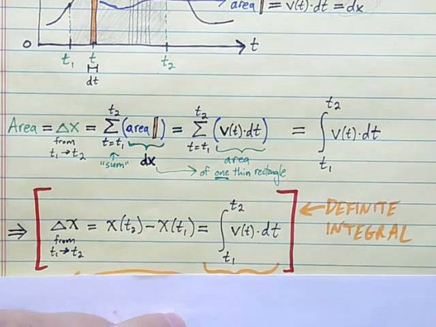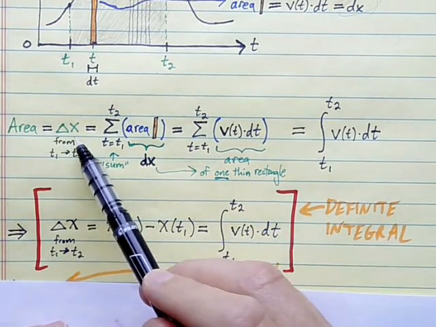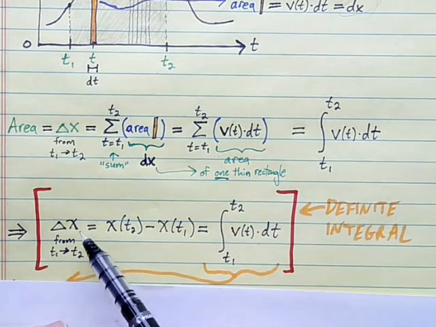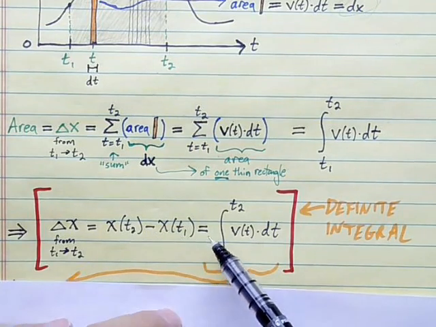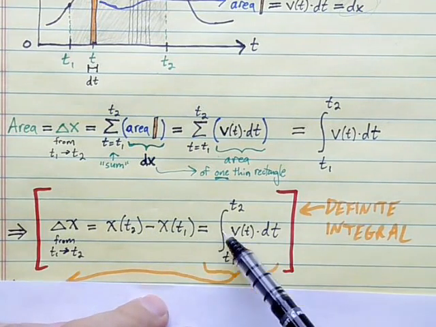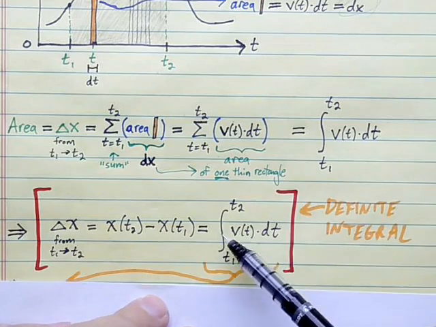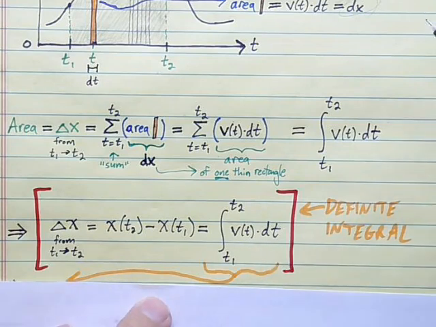So to recap, what we've established is that the change in x, the displacement, from time 1 to time 2, well, that's a delta, it's a change, so it's always equal to the final value of x minus the initial value of x, so x at t2 minus x at t1, and that will be equal to the integral of v dt, which is the infinite sum of these infinitely small areas.